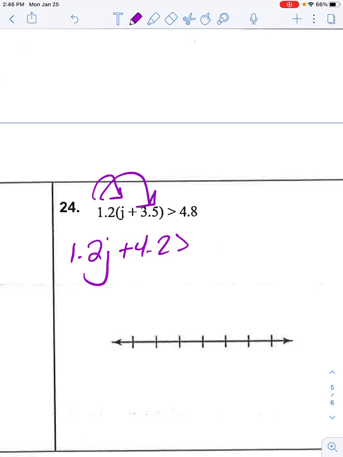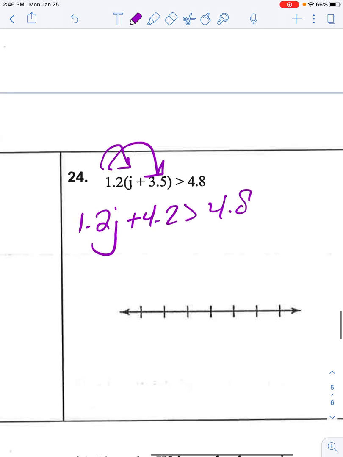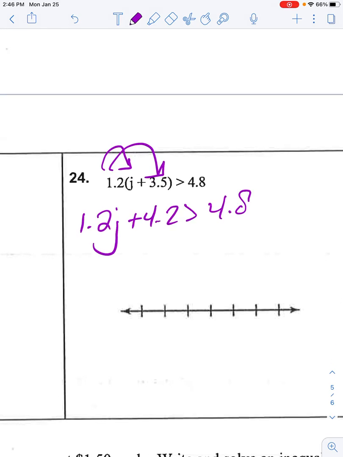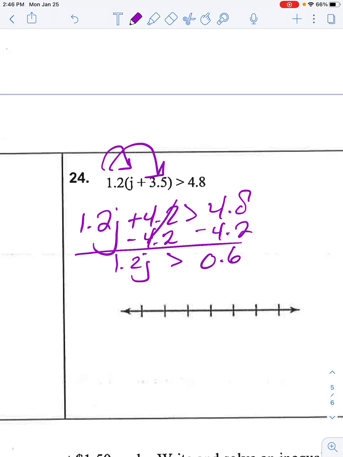Leave your work. I just don't have room. Okay, so now we've set up a two-step inequality. So we're going to undo addition and subtraction first. And then divide by 1.2 on both sides.